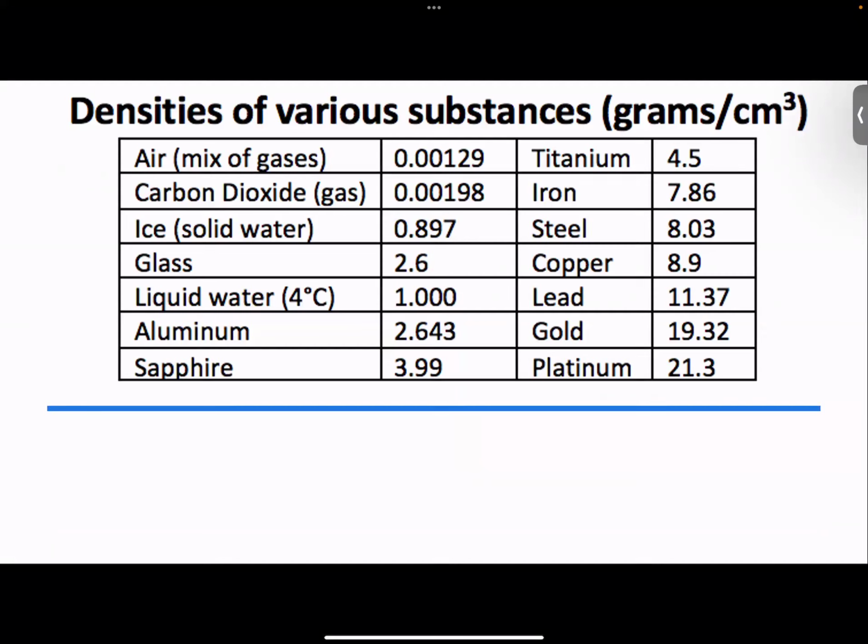Here are some densities of various substances. The air you breathe is a mixture of gases that has a density around 0.00129 grams per centimeter cubed, or grams per milliliter. A centimeter cubed is an extremely small object.